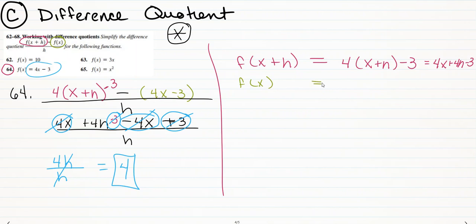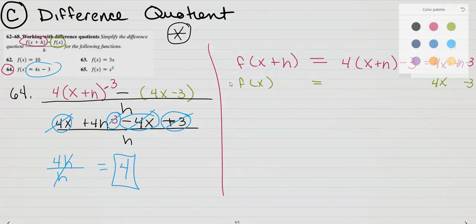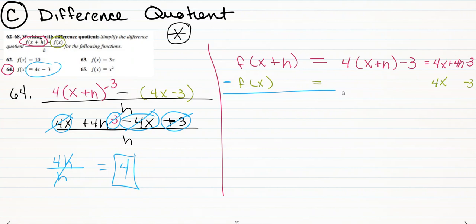I'm going to put it right below it, and right below each of the pieces that match up. Now, do you see what's going to happen when I subtract these? When I subtract that, it means subtracting the whole thing. So that's the same thing as adding the opposite of each of those.